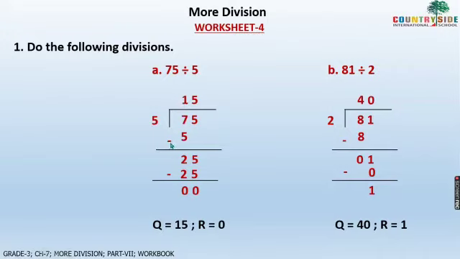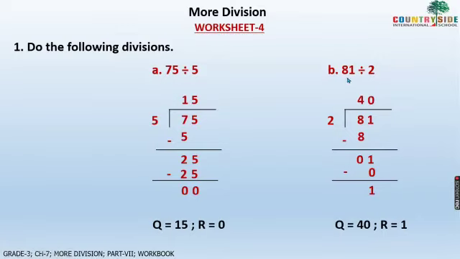Then 7 minus 5 is 2. Then bring this 5 down. 5 fives are 25. So 25 minus 25 is equal to 0. Like this you have to do. So quotient is equal to 15 and remainder is equal to 0.